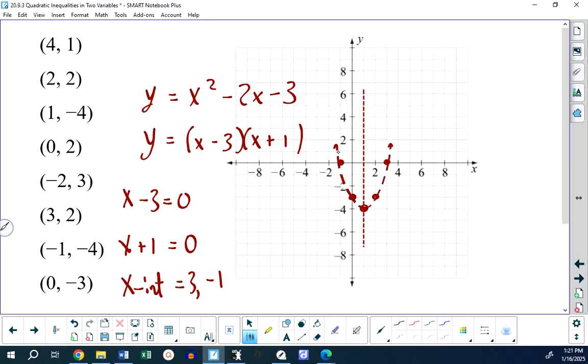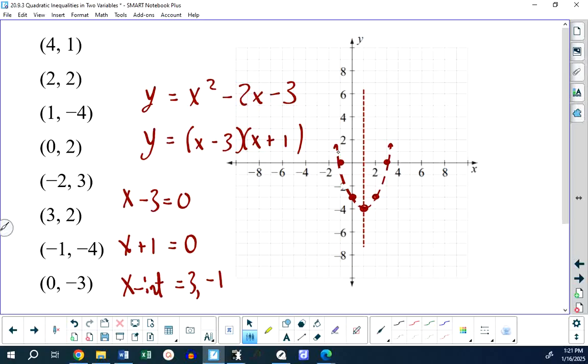Right, it is going to be a dotted line, or dotted curve, I guess I should say. If you take a look at 4, 1, that very first point, was 4, 1 a solution to this inequality? It was.